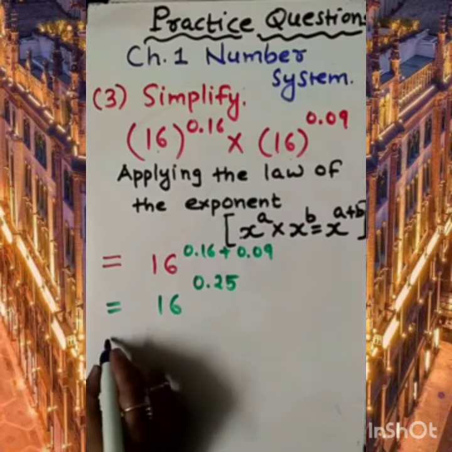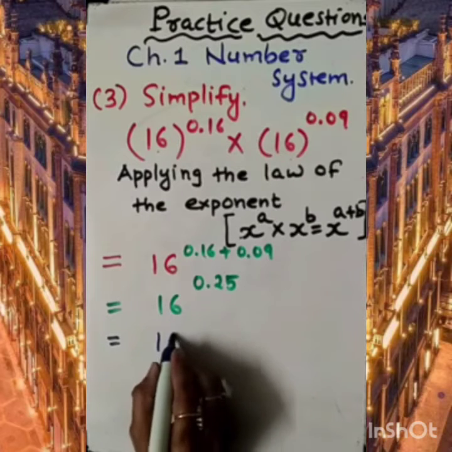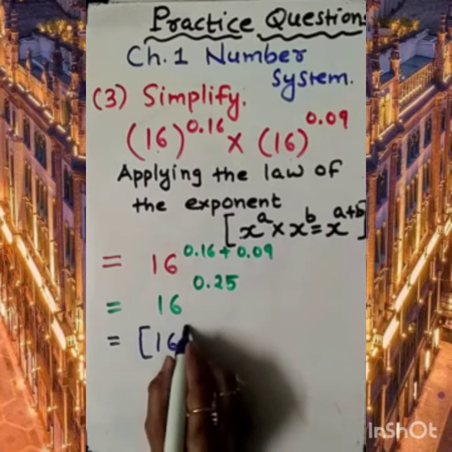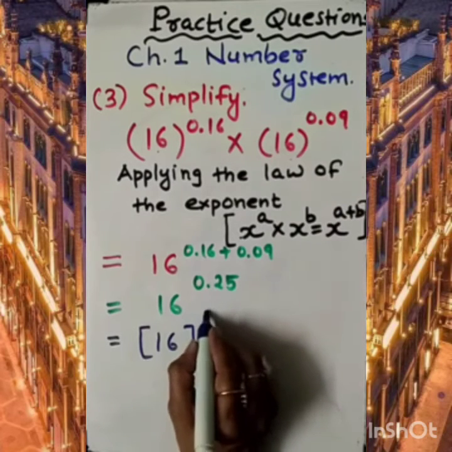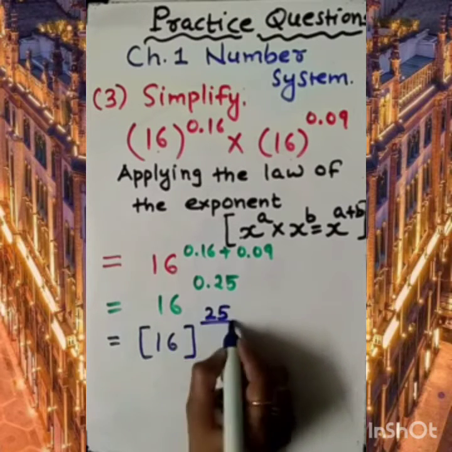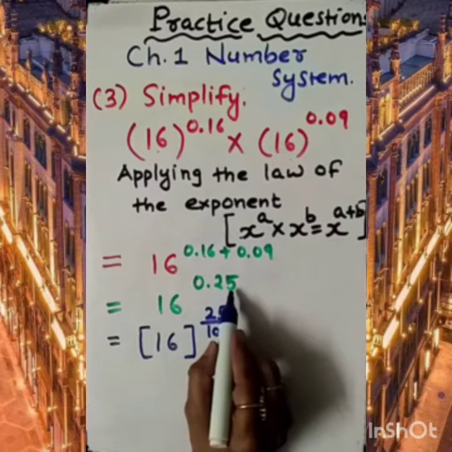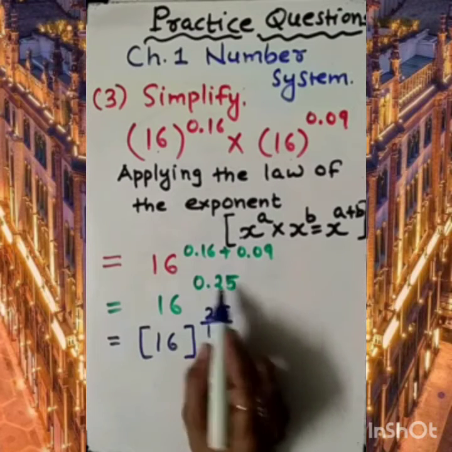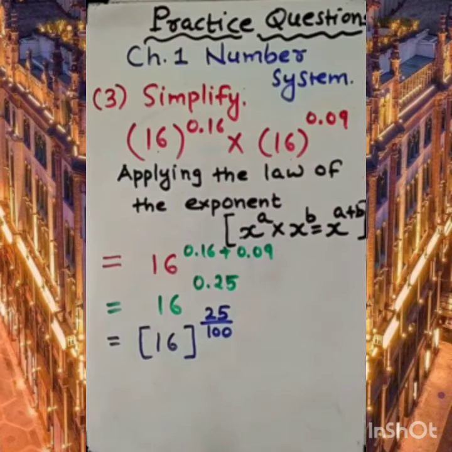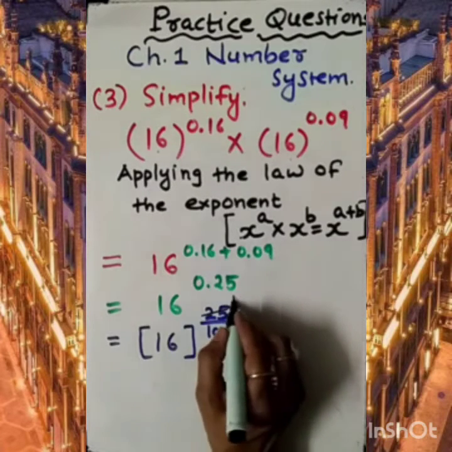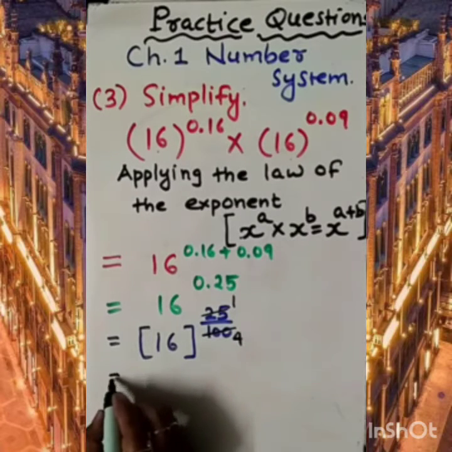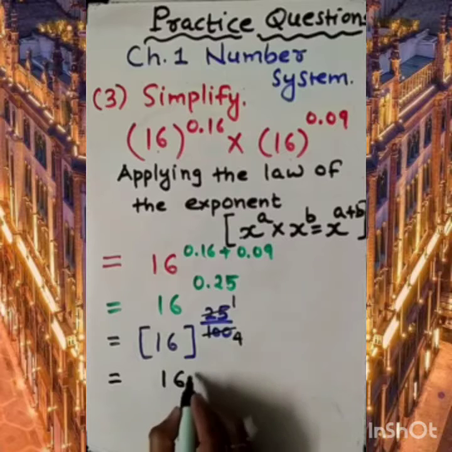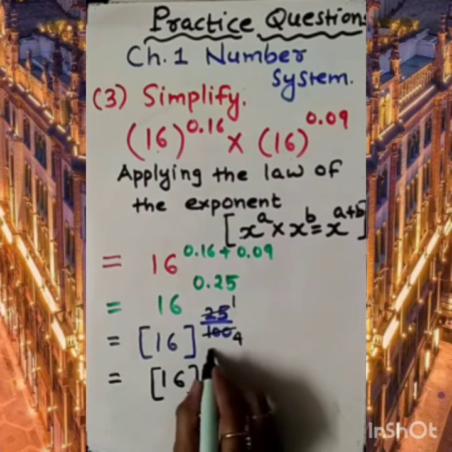Just forget this 16, let it be as it is and focus on this 0.25. Can I write 0.25 as 25 by 100 after removing the decimal? So if I write 25 by 100, then of course 25 ones are 25 and 25 fours are 100. So it will become 16 to the power 1 by 4.